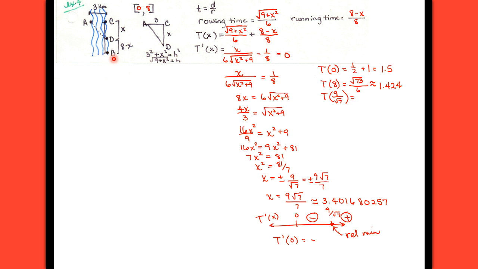And then the last thing we want to check is that relative minimum that we came up with. So let's plug that back into our original equation, and we get 1.331. So if we're looking for the absolute minimum value, that is our lowest time.